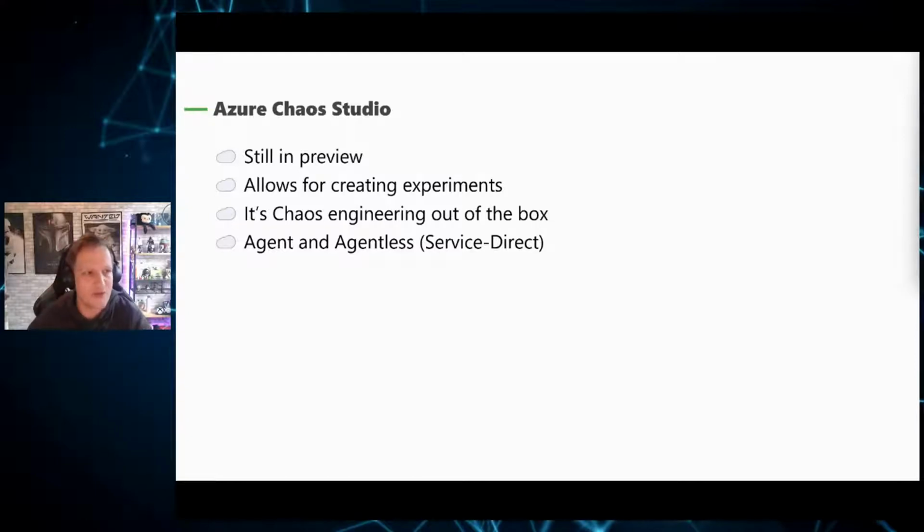And then we've got two different scenarios of ways of configuring it, and you can combine the two, or you can just use one of the two. The first one is what we call agentless, or which is called service direct, which means that if we've got a virtual machine or network security group, we can onboard it to Azure Chaos Studio.